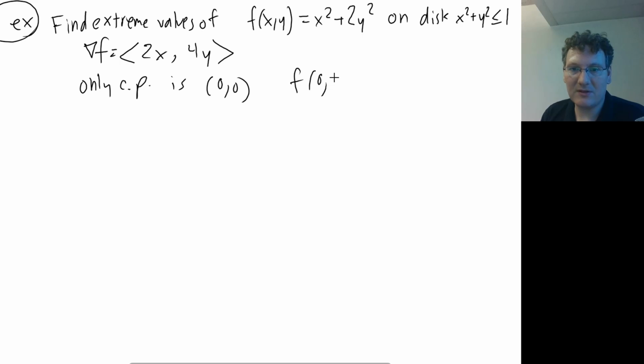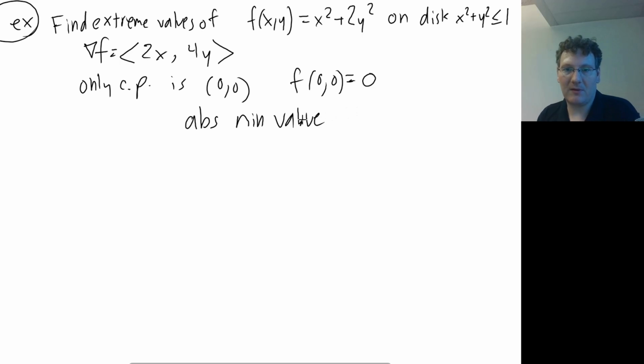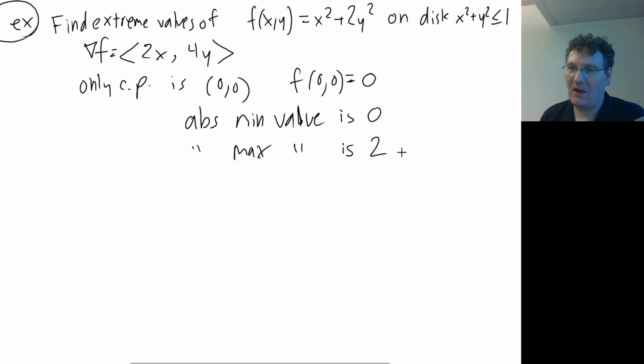And f of 0, 0 is 0, of course. So if we're looking on the entire disk, the absolute min value is 0, and the absolute max value is 2 on that full closed disk, if we're considering the interior points of that circle.